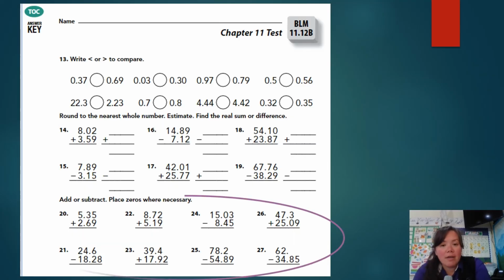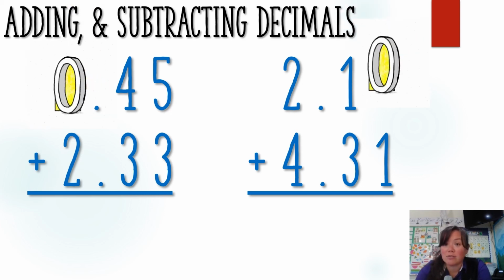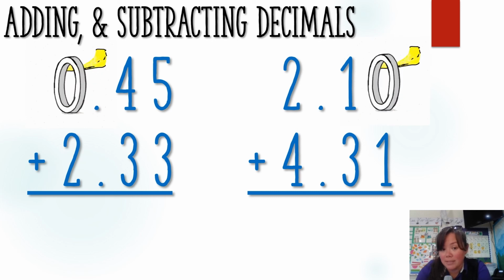The very bottom section, we're just adding and subtracting decimals. The cool thing is that they've lined up the decimals for you. You don't have to do that at all. So if you remember our steps, the first step was lining up the decimals. Well, they've done that for you in your work page. All you need to do is step 2, which is adding in those magic zeros to help us out.